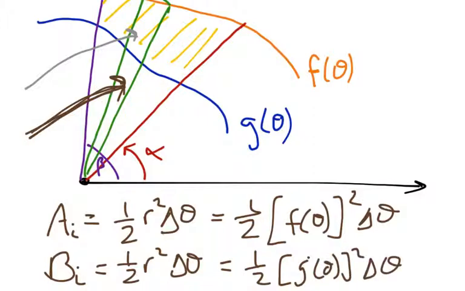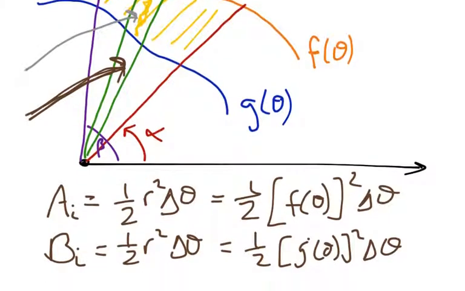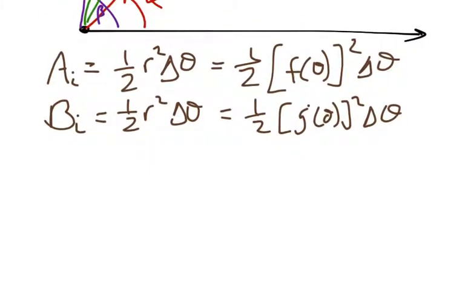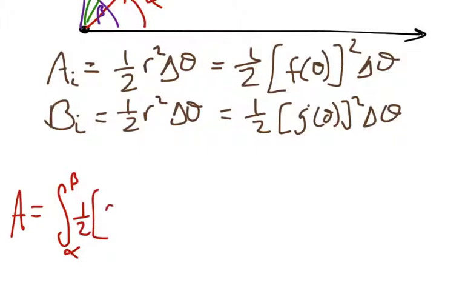Then of course I'd add all these up to get the entire area bounded by f, and add all these up to get the entire area bounded by g. To figure out the area of the shaded region that we want, this yellow piece, I would subtract. So the actual area that we want is the integral from alpha to beta of 1/2 f of theta squared d theta.